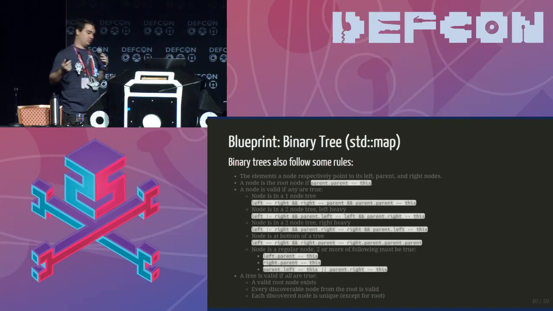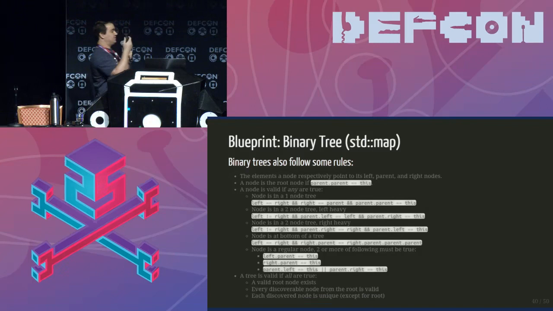What it boils down to is that a std::map, which is a binary tree underneath, can be defined as something that has a root node, and that node's parent's parent is itself. So the root node is basically like Fry from Futurama. It's its own grandparent.